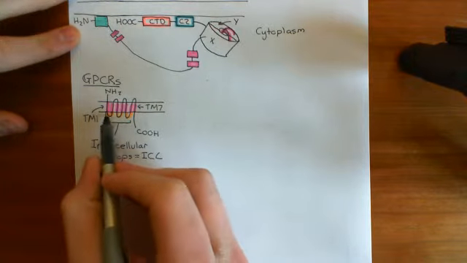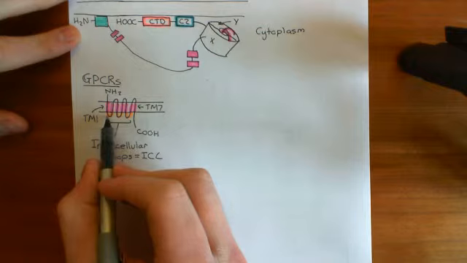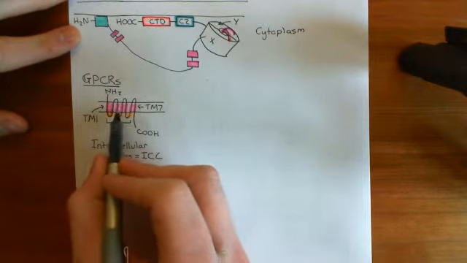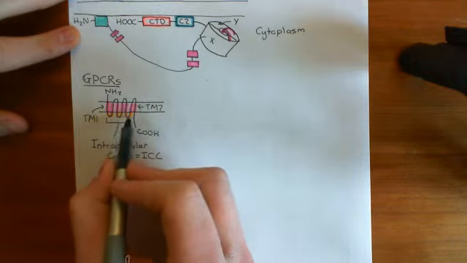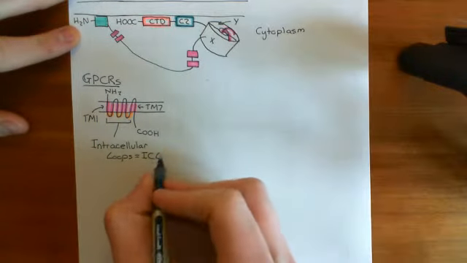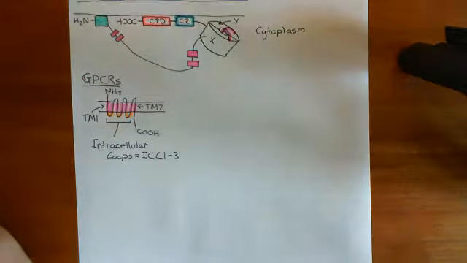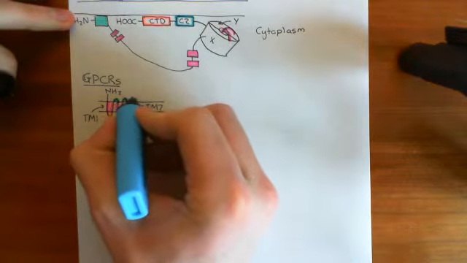This first intracellular loop between TM1 and TM2 will be called ICL1. The second intracellular loop between TM3 and TM4 will be called ICL2, and the third intracellular loop between TM5 and TM6 will be called ICL3. So we have ICL1 to 3. There's similar nomenclature for the extracellular loops that I'm now highlighting in blue.